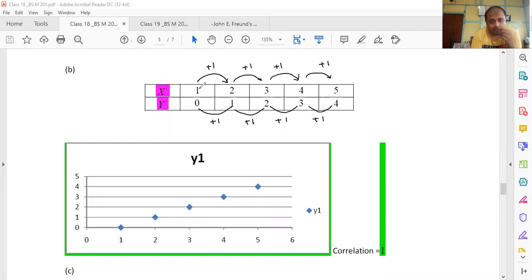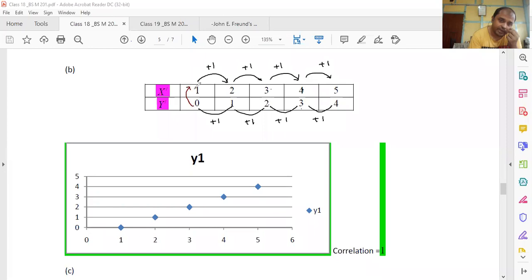And here you see that when X prime takes the value 1, Y prime is 0. In the case of Y prime, it is 1; in the case of X prime, it is 2; in this case it is 4; and in that case it is 5. So actually, the direction is like this.